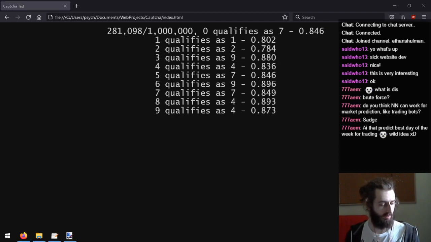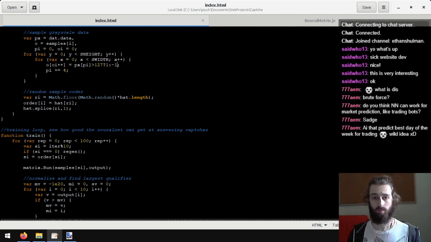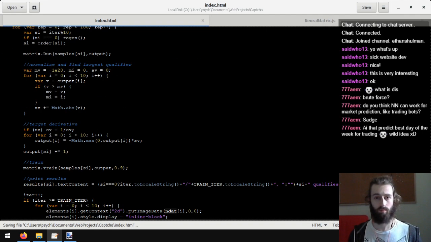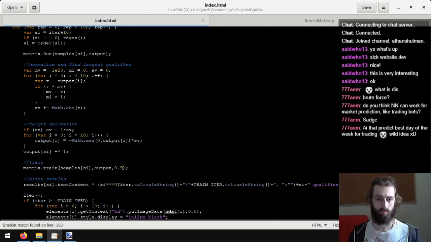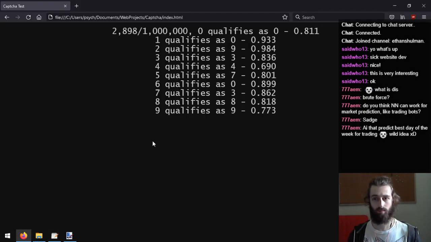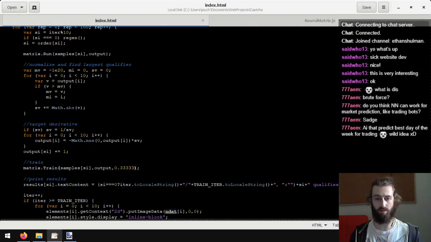That doesn't look like that changed anything. Huh, lower learning rate might actually be the fix.